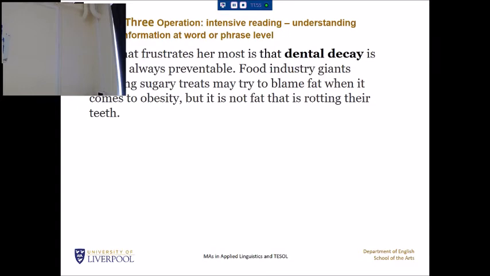Mix them up a bit. If preventable, advertising. Advertising, preventable. Dental decay, preventable. If advertising.